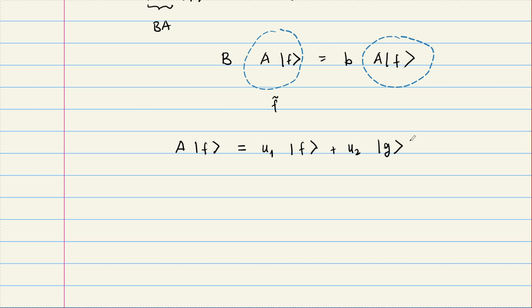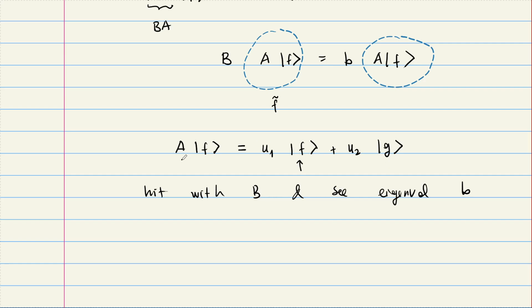And if you hit on this state with B, it is an eigenstate with eigenvalue B, right? Is that clear? Maybe I can pause. Right? This is the most general thing.